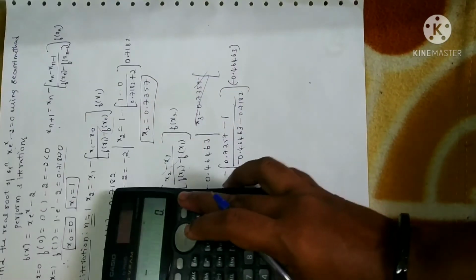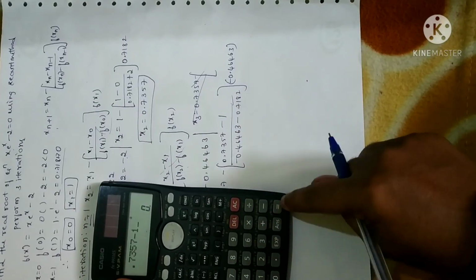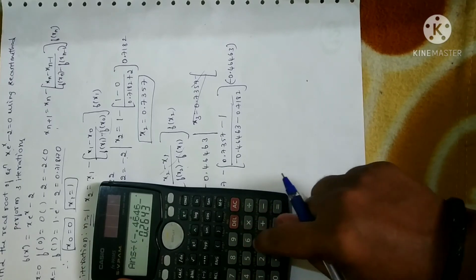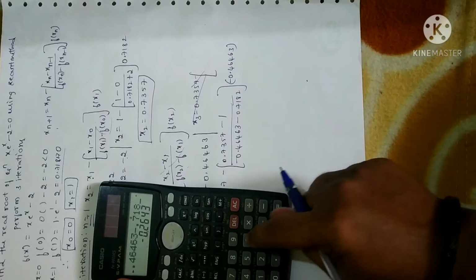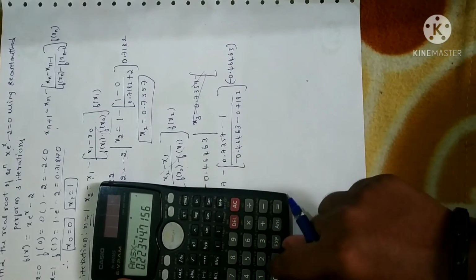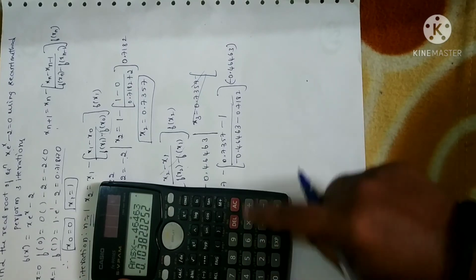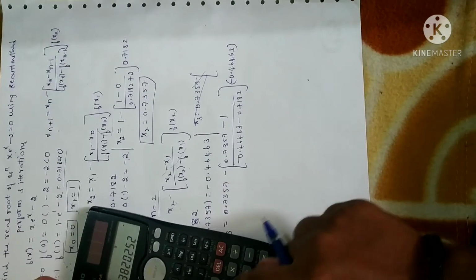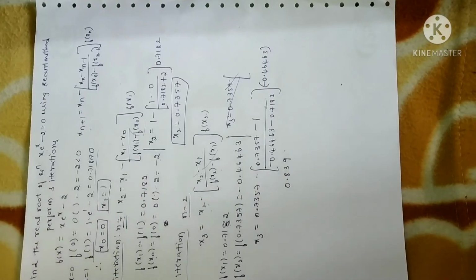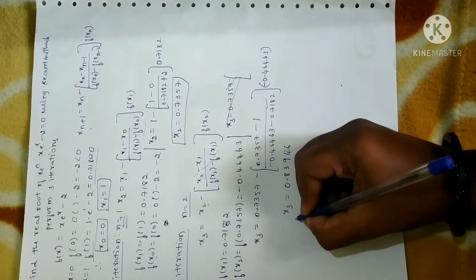Now coming to the simplification part. First let me simplify this. 0.7357 minus 1 divided by (minus 0.46463 minus 0.7182), close bracket. That will give us this, into minus 0.46463. I have to subtract this from 0.7357. So that will give us 0.83946. So that is the value of x3.